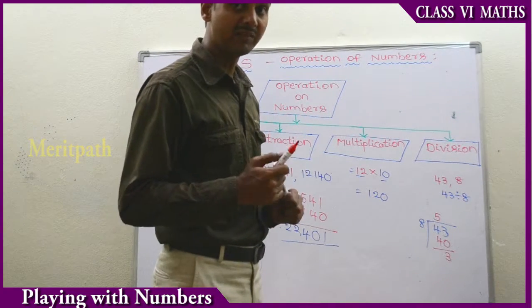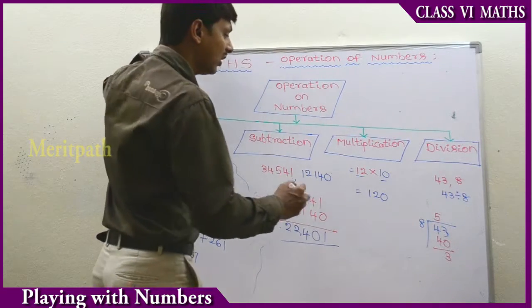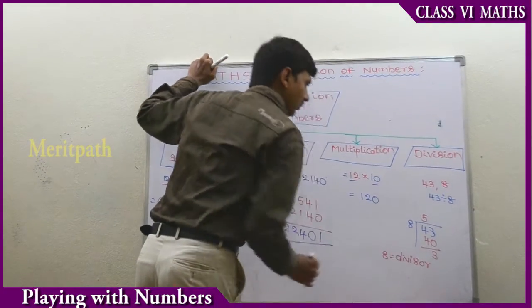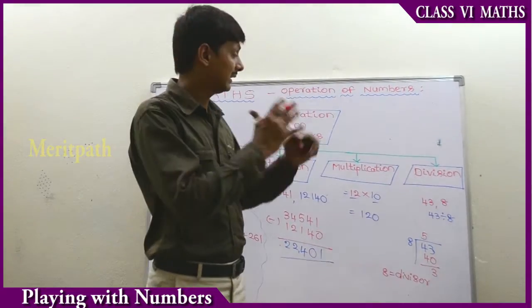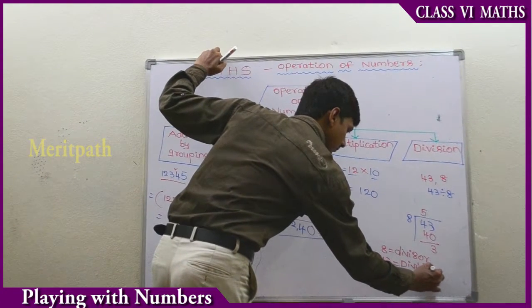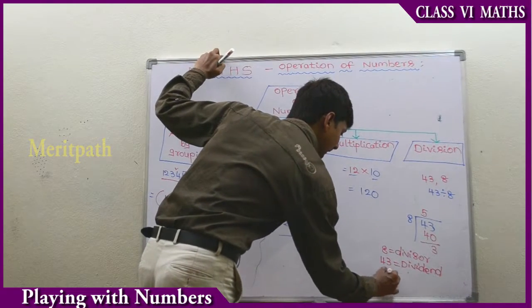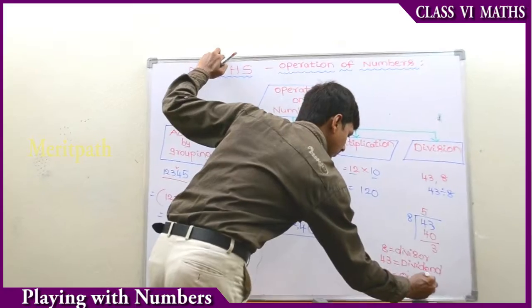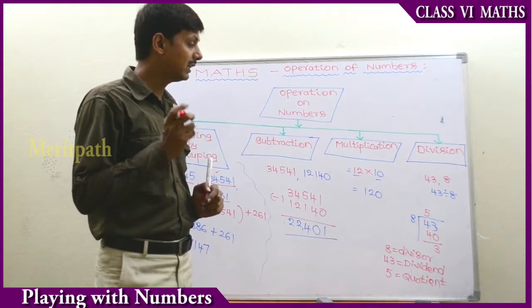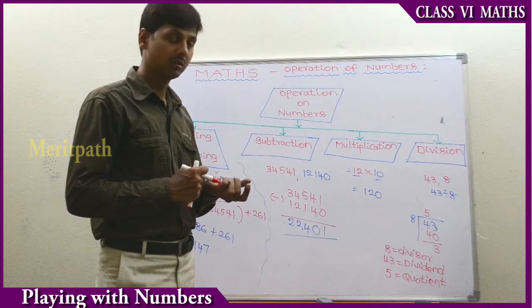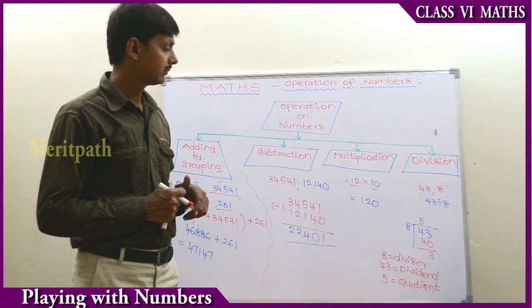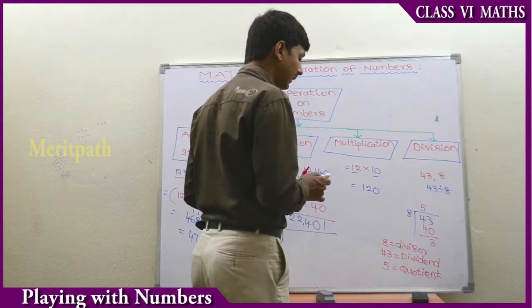The number we have divided with is 8, so 8 is called the divisor. 43 is called the dividend. Here 5 is called the quotient.